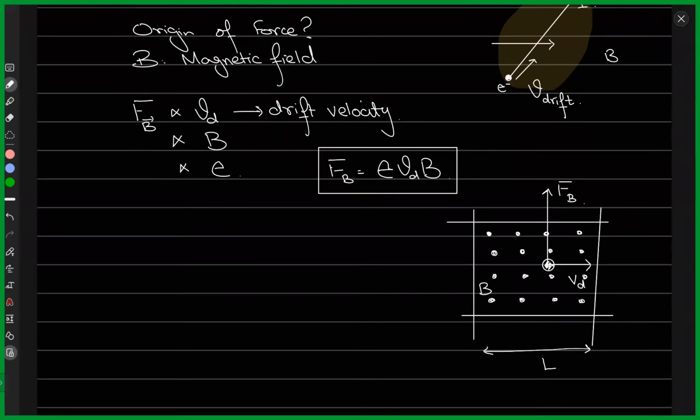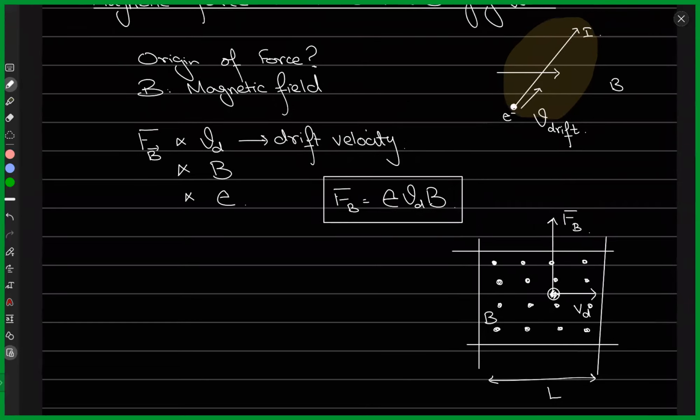Okay, now if you understand the physics of the situation, what's happening, keeping the physics in mind, let's derive the equation for force that acts on a current carrying wire inside a magnetic field. Right now, this is the force for just one electron, right?